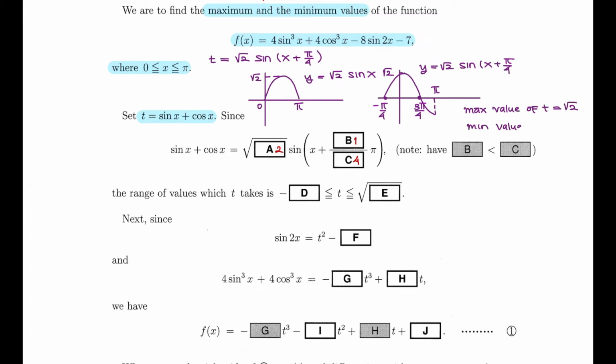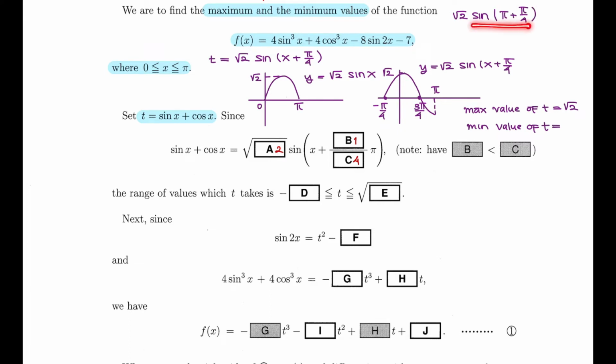Min value of t is, substitute x by pi. I will get square root of 2 sine of pi plus pi over 4.